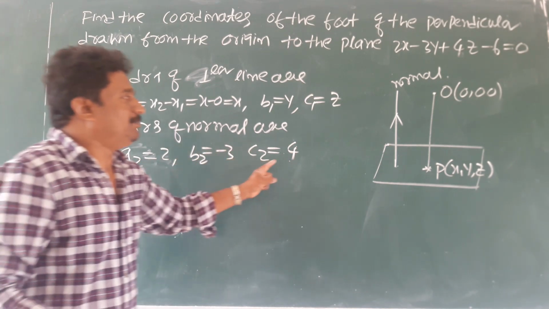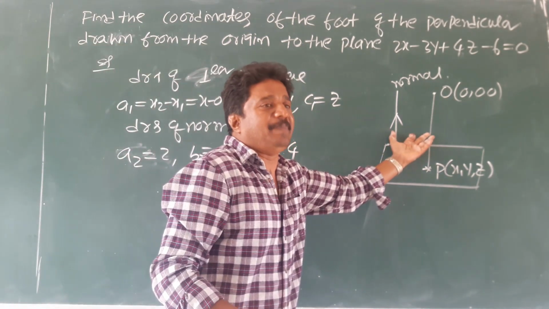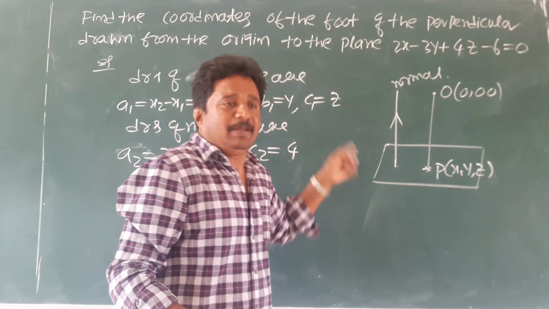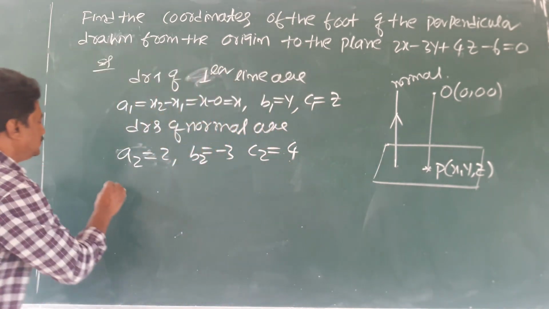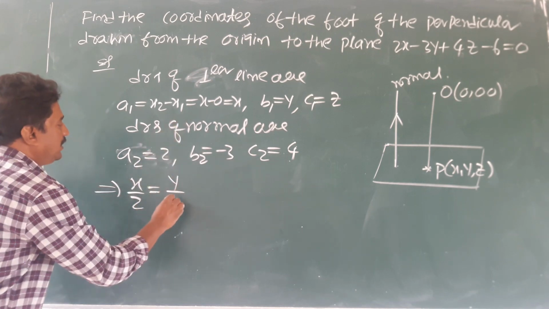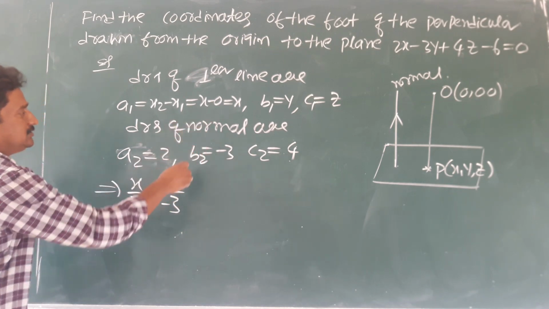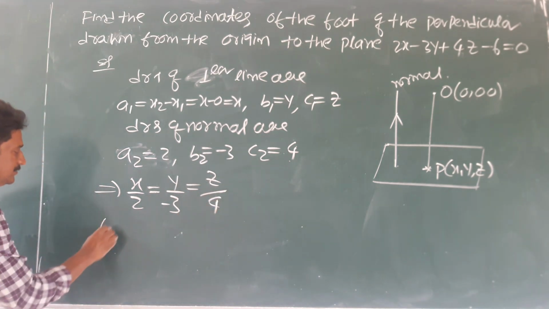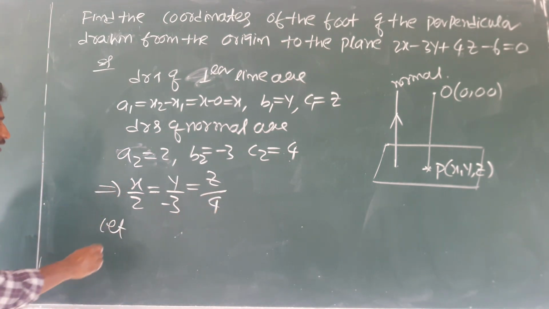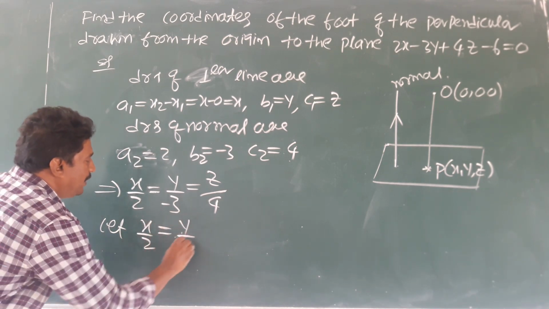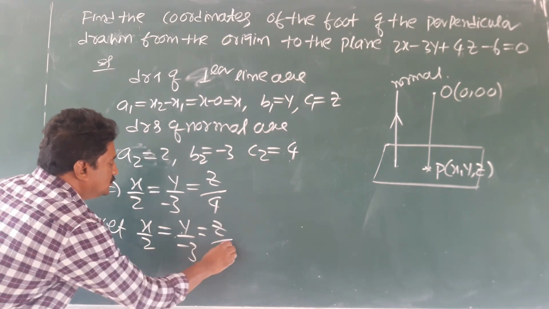Further, these two lines, the normal and OP, are parallel. The DRs must be proportional. That implies x by 2 is equal to y by minus 3 is equal to z by 4.